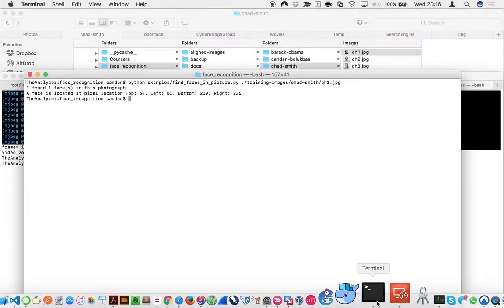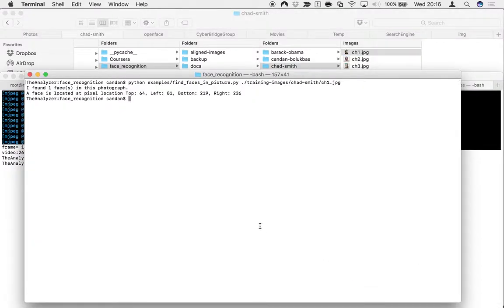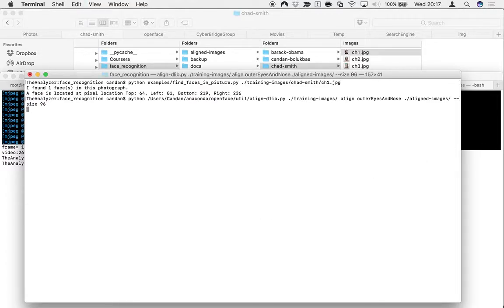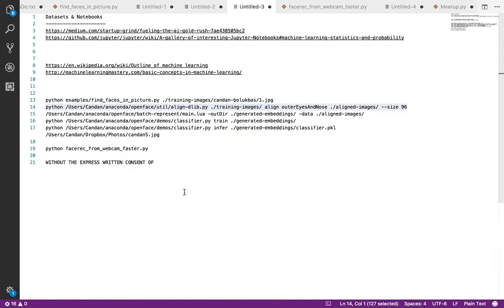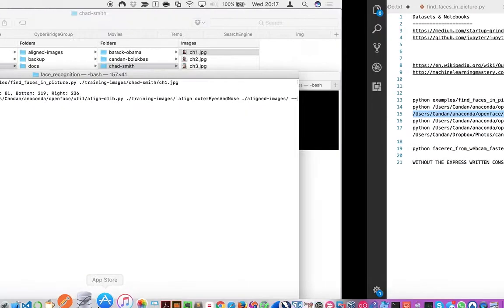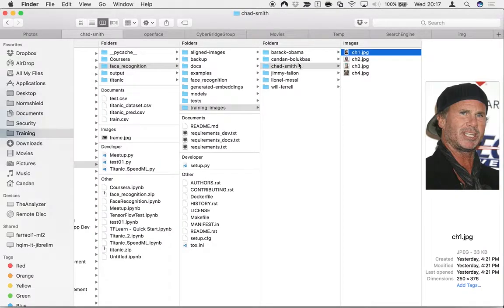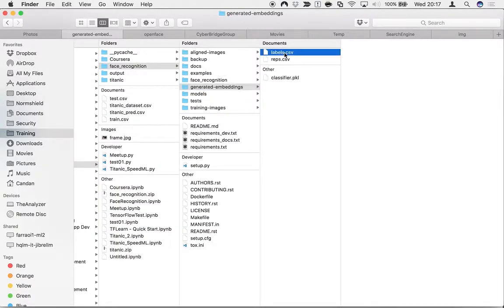Remember, I need to have the front-looking version of your photos, and then this command is going to run and generate images for these guys. So at this point, we have the images for me, and this one is going to generate the embeddings. So it's going to generate the data that I need. Actually, it's right here. I don't necessarily run that.